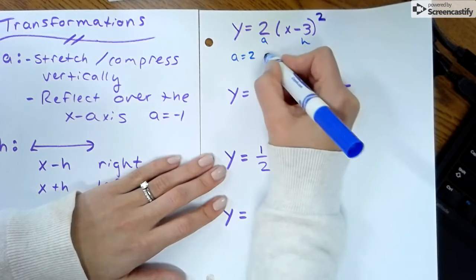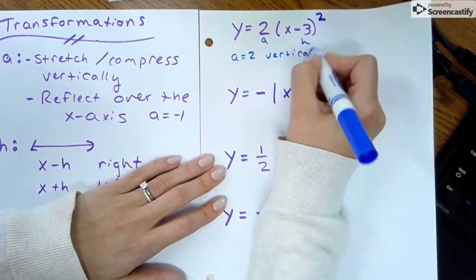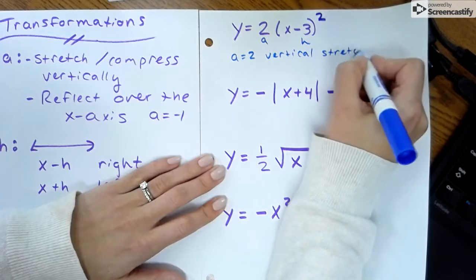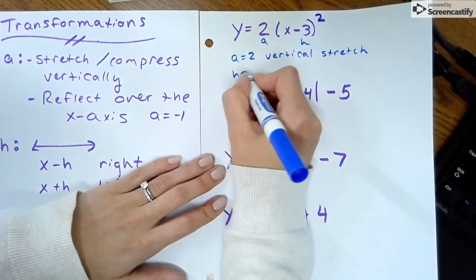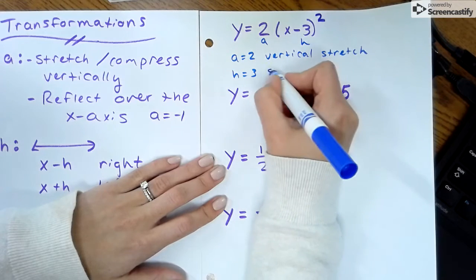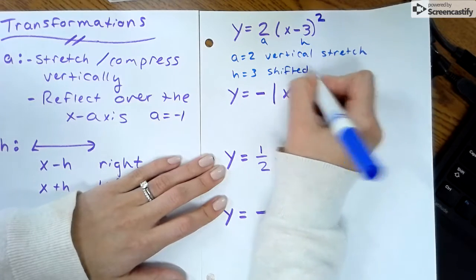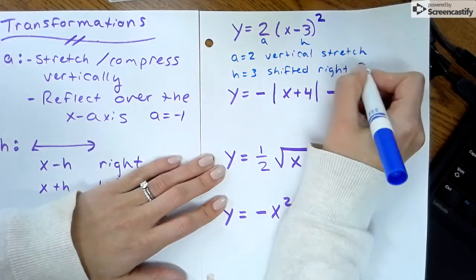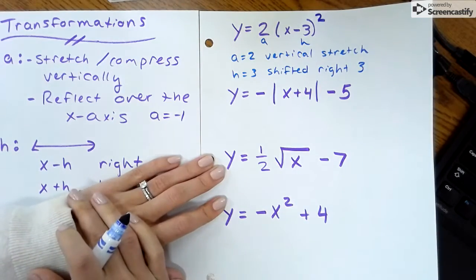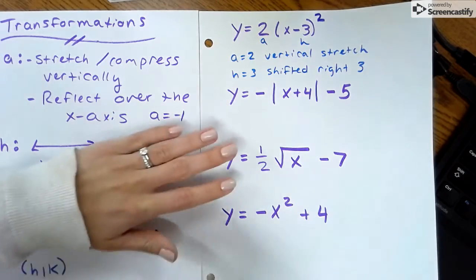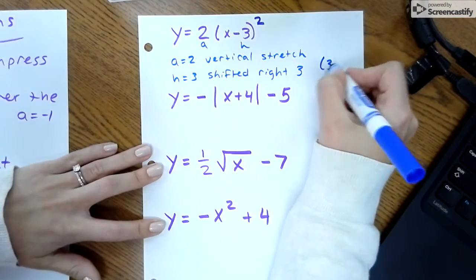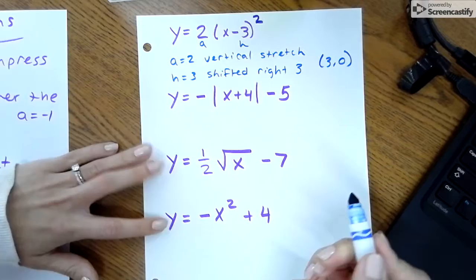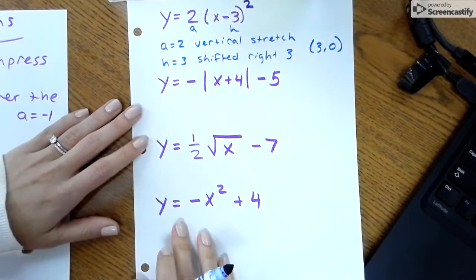So if a is 2, that means that it was a vertical stretch, and then x minus 3, so an h value of 3 means that this shifted right 3. So those would be the 2 transformations that took place. If we're talking the locator point, it would be 3, 0. So it was 0, 0, now it's 3, 0.